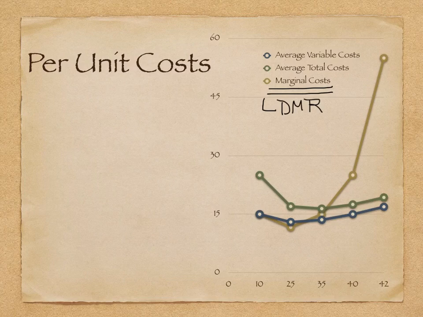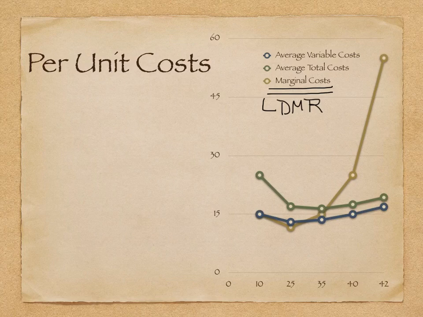So we can see here that when the marginal cost curve is below the average variable cost curve, the average variable cost curve is decreasing. That continues until it intersects with the marginal cost curve, and at that point the marginal cost curve becomes above the average variable cost for the remainder of the graph, and we can see that the slope of the average variable cost curve begins to increase.